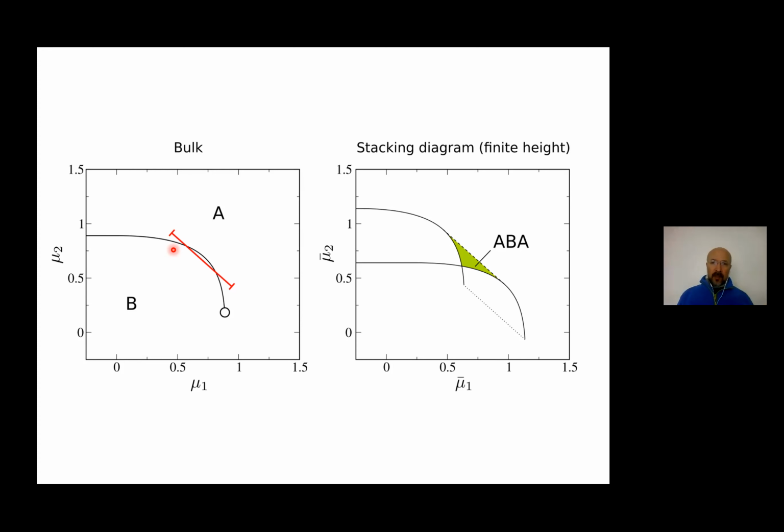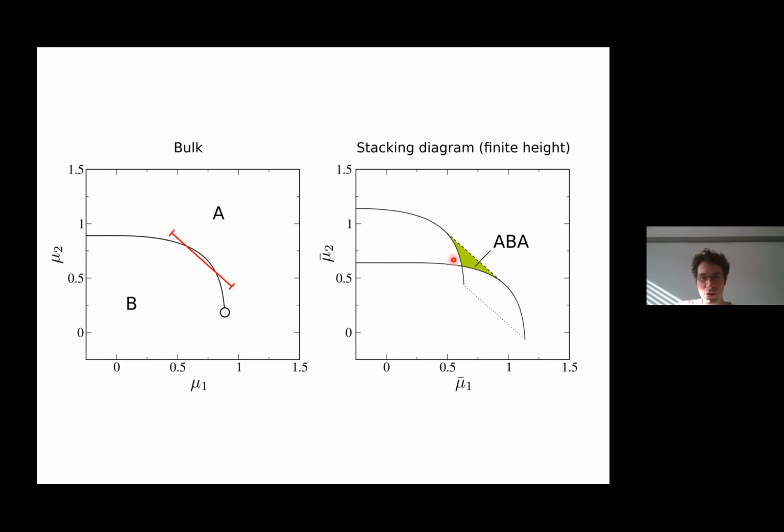Because if I look at the stacking diagram on the right now, I see that it's just translated, like the line is shifted to the upper left, or is it just coincidence? You mean from this to the stacking diagram? Yes. Well, there are several types of lines.